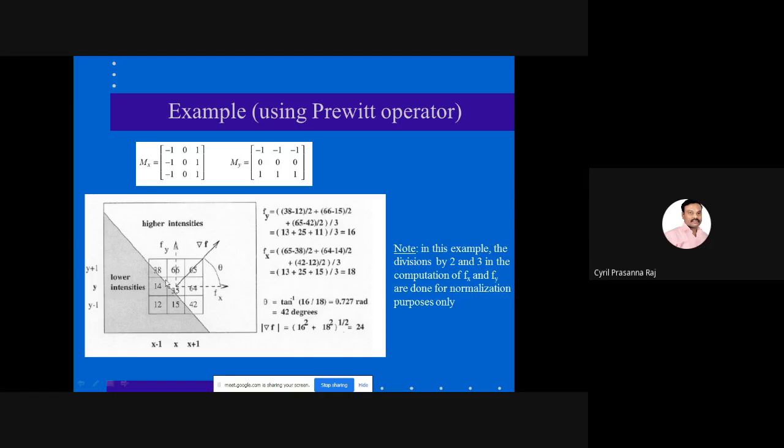Again, -66 into -1, 35 into 0 and 15 into 1. Again, 65 into -1, 64 into 0, 42 into 1. When you do all these, you get an output of 16. So you get the edge response along the axis equal to 16. That means you take this 16 and substitute it in place of 35.